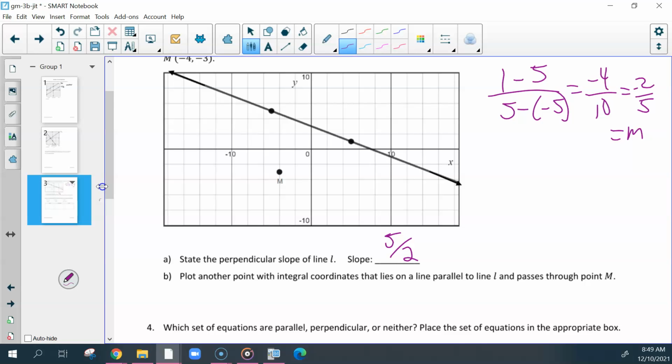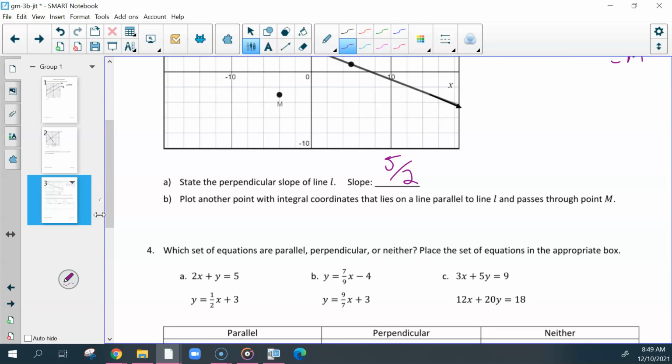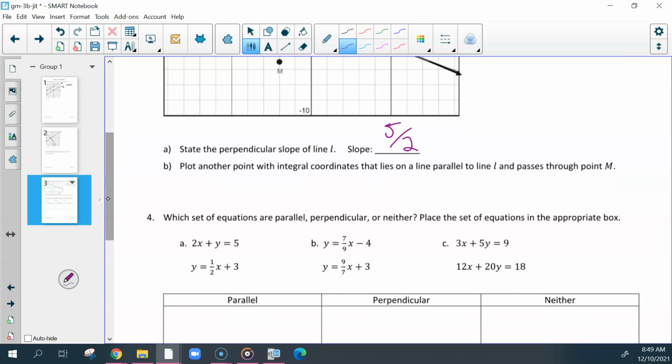So B is not something we've talked about, but it's taking what we did with writing equations when you're given a slope and a point and combining it with parallel and perpendicular lines. I'll show you this, but this is not something that's going to be on your test or anything like that.